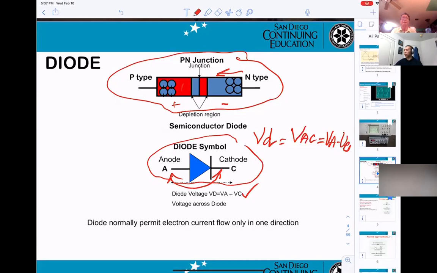That means the voltage across the diode.